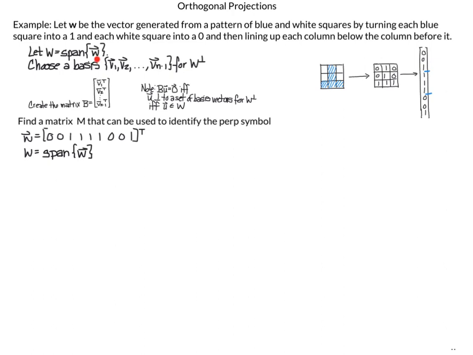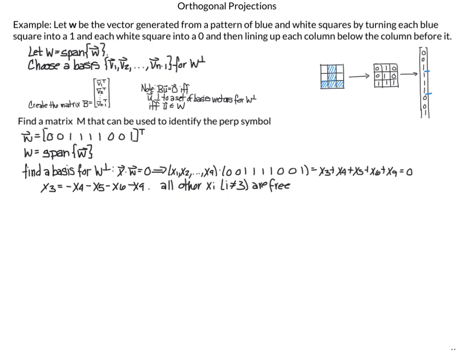Next, I need to choose a basis for W perp. To find a basis for W perp, first I want to find an x dot W equal to 0. So here we have an n-dimensional vector. I have x1, x2 up to x9 dotted with my W, 0, 0, 1, 1, 1, 1, 0, 0, 1. Well, x1 and x2 get multiplied by 0, so x3, x4, x5, x6, and x9 are the ones that matter.